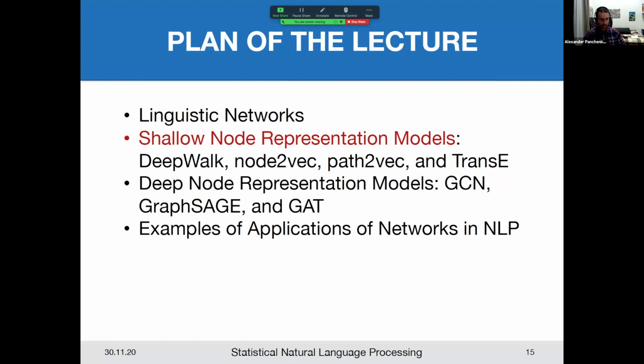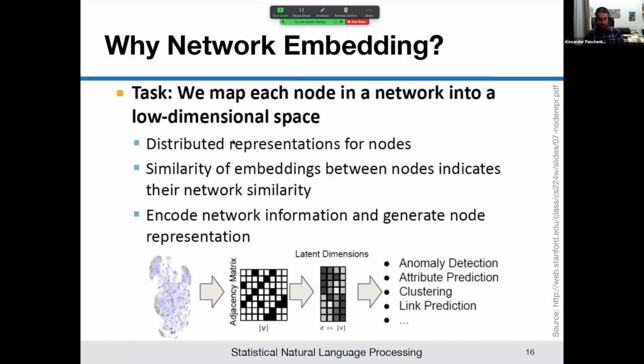with some methods which you can apply to learn some representations of this kind of networks. And what is the point actually to learn these representations at all? What is the goal?